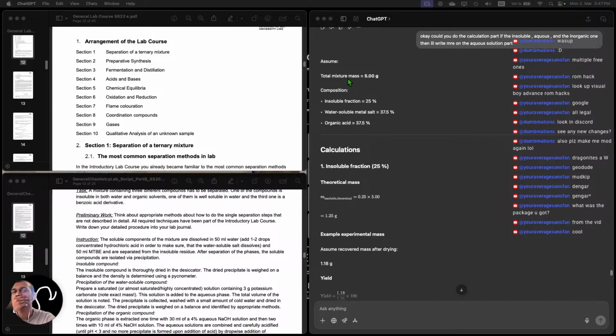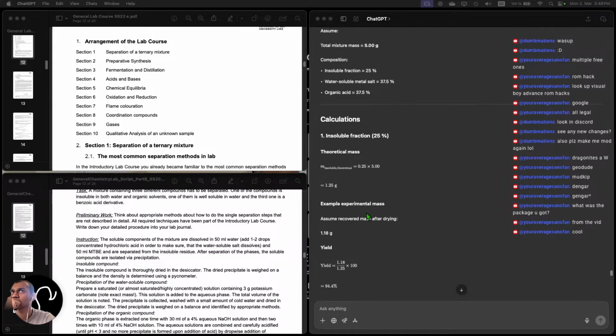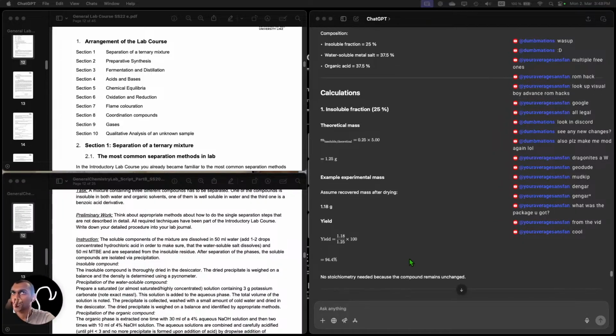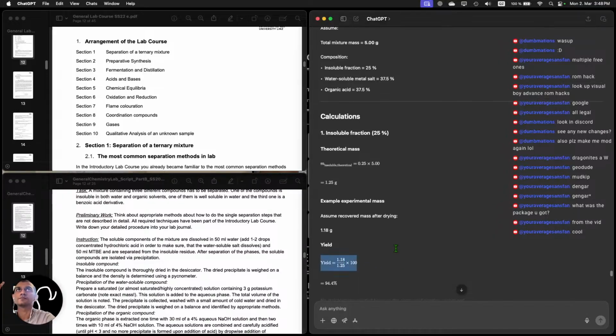Can I do the assumptions? I'm not sure. Insoluble fraction 25%. One example, experimental mass. Where did you get this 1.18?